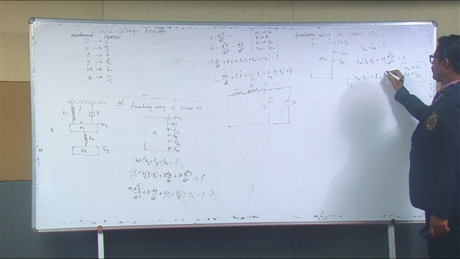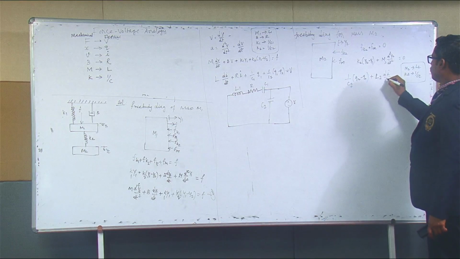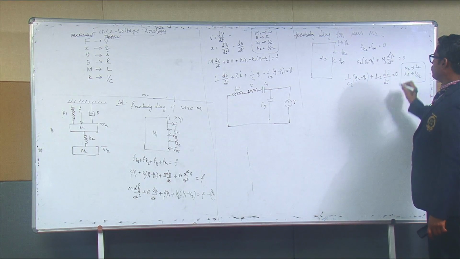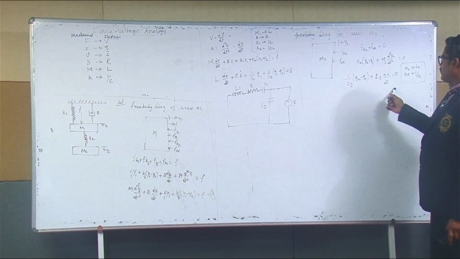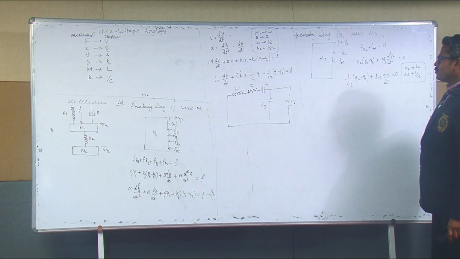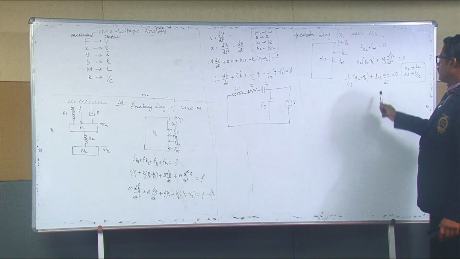So you will get L into di by dt, which is equal to 0. Okay, so again if you write the force voltage analogy of the equation, then you will get the common equation here.